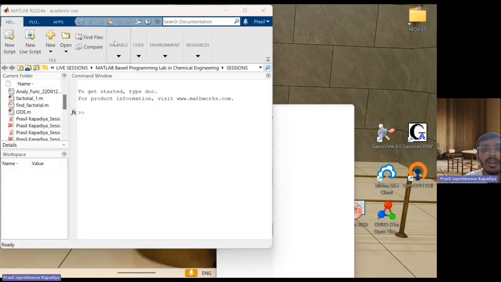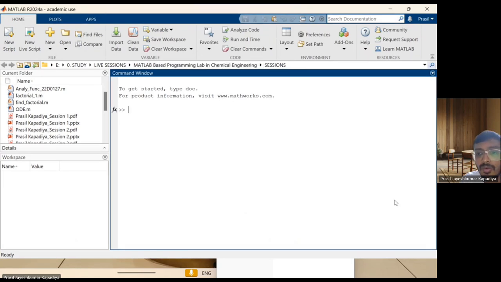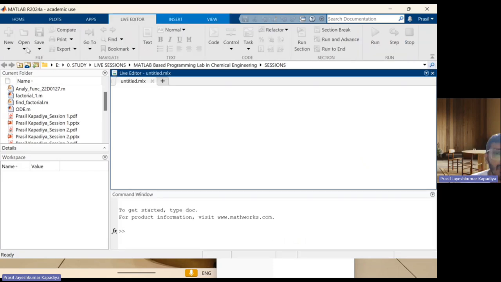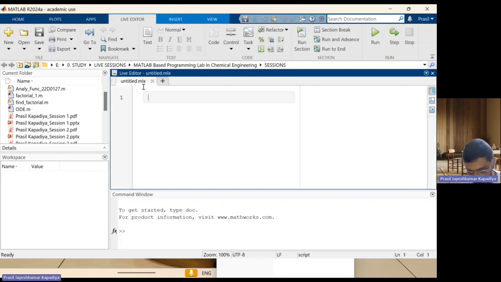I don't know why it's not working out, but let's start. Let's write down the code for these methods. So let's first start with the Euler method.